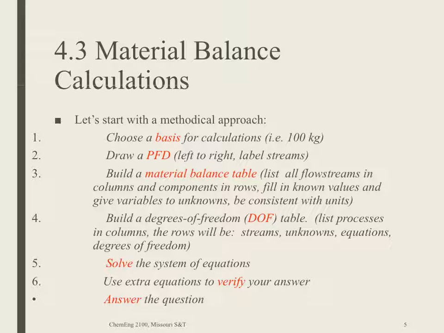And as the problems get more complex, it will guide us as we make our decisions about what step to do in which order. Once we do this, we'll be able to write a system of equations and solve them. There will always be extra equations. We'll use those to verify the answer. And then, this is a frequently forgotten step, don't forget to answer the question.